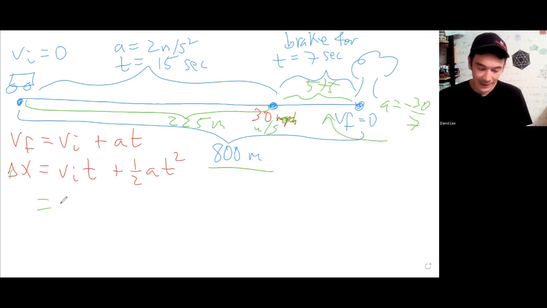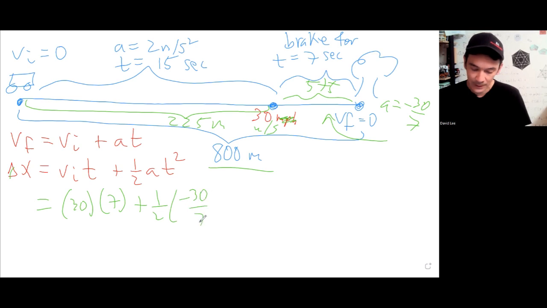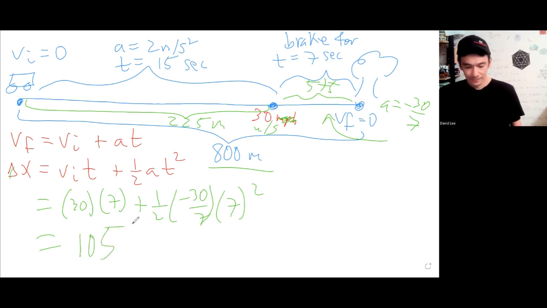Let's see. So initial velocity is going to be 30. Time is 7. 1/2. Acceleration, ding, ding, we just found it. Time squared is that. Let's see what that is. 105. What does that number represent? That's meters.